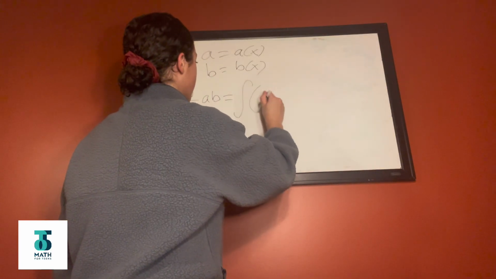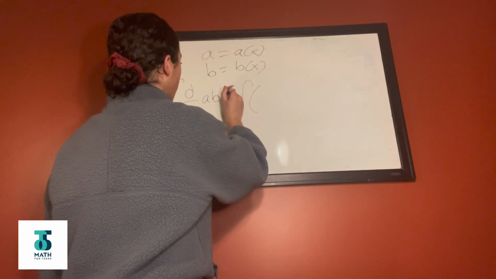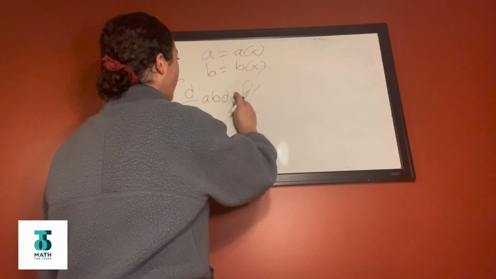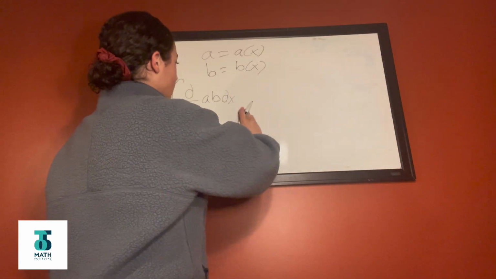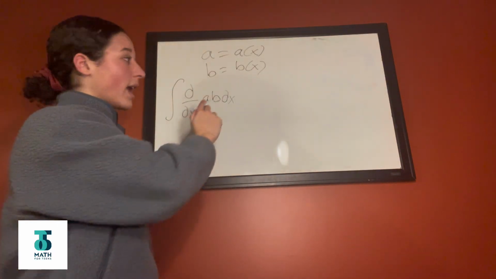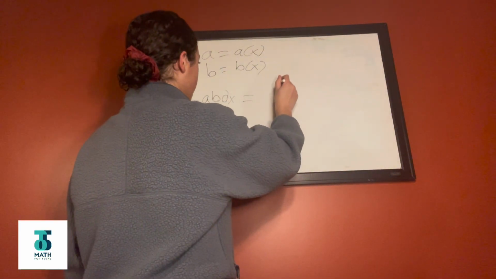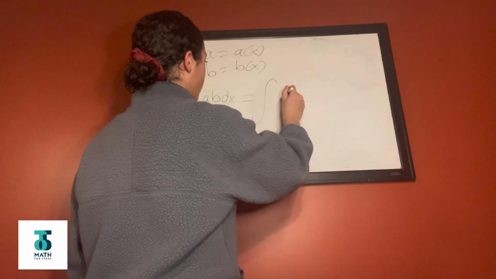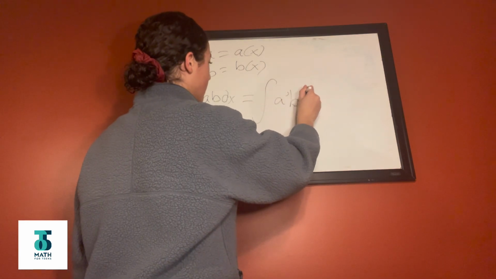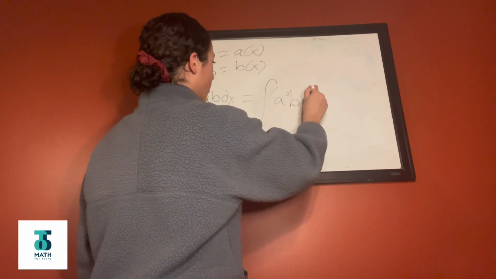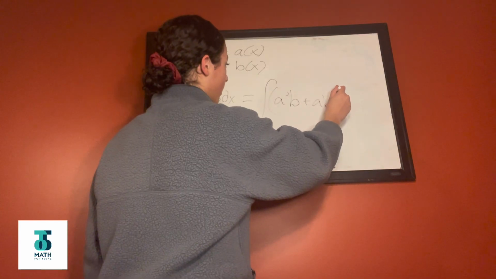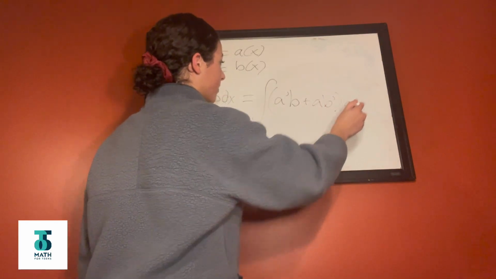We also have to say along what axis we're integrating. We're integrating along x, so we have dx. So this is analogous to taking the integral of a prime times b plus a b prime dx.